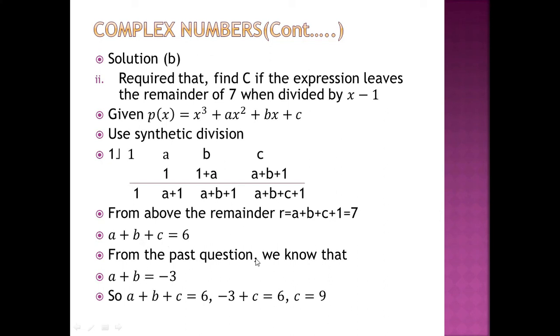From the previous part, we know that a plus b is equal to negative 3. So we plug in the value of negative 3 wherever there is a plus b. So when you plug in, negative 3 plus c is equal to 6. So c is going to be 9.